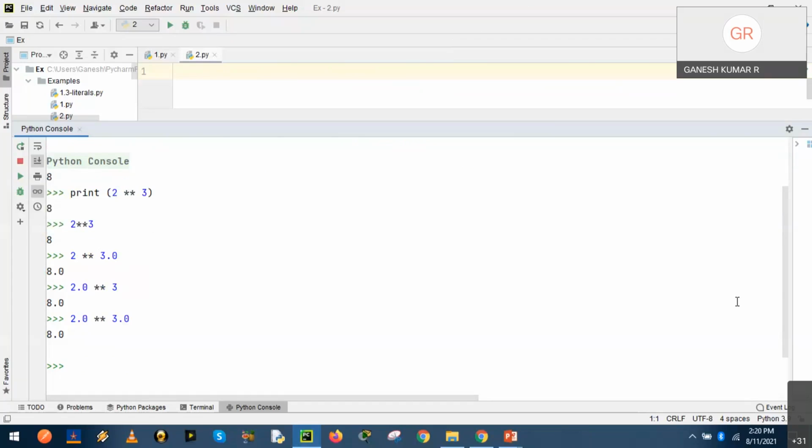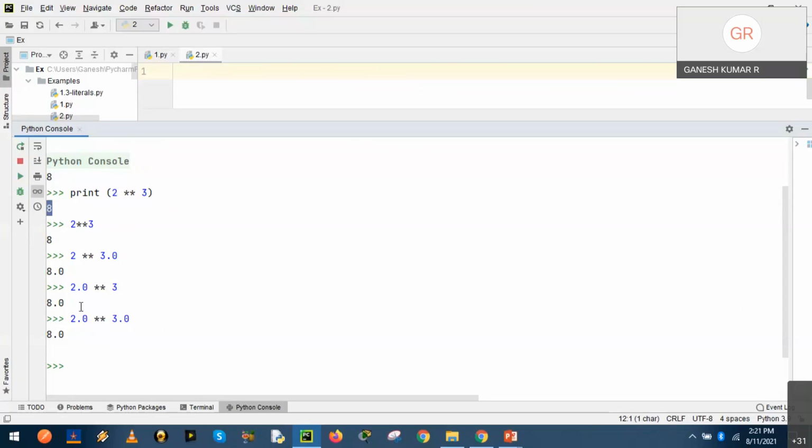So what we have understood from this: when both arguments, the base as well as the exponent, are integers, the result is also an integer.